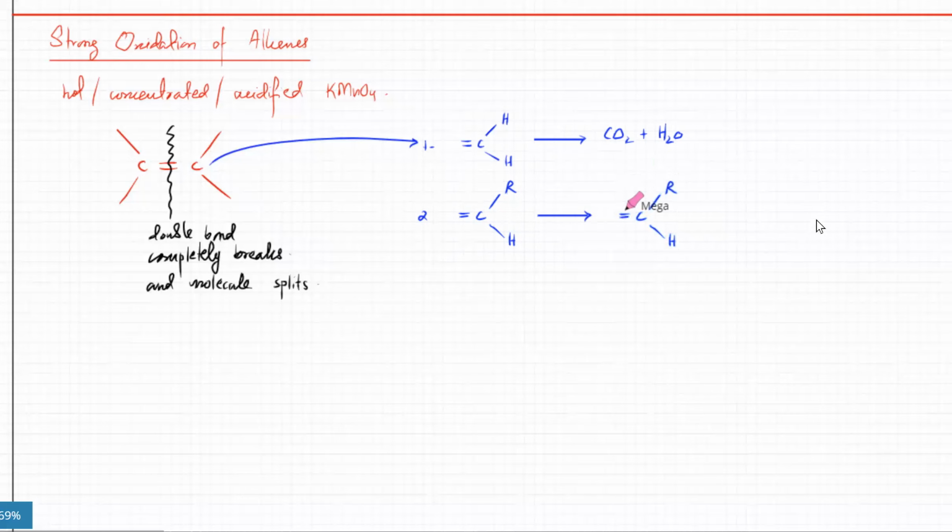So first it will turn into an aldehyde, there's going to be a double bond O, and then another O will get added. This H will turn into OH. So it will turn into an aldehyde and then a carboxylic acid.